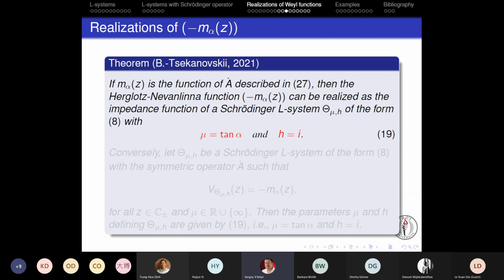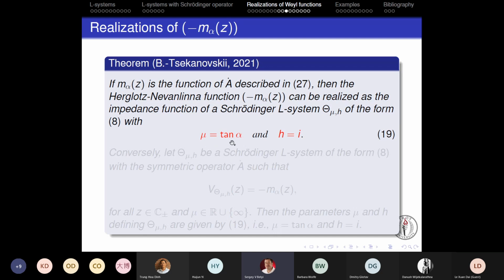We are still working on the realization of negative M alpha. So if M alpha is the function described before, then the Herglotz-Nevanlinna function negative M alpha can be realized as a Schrodinger L system of the form A with these two parameters.